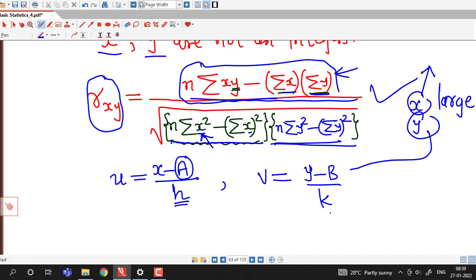Now we may not have a common gap for values of x and y.